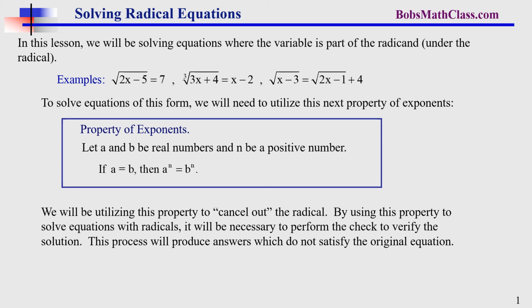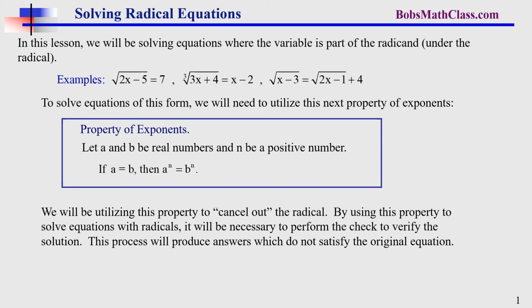Okay, so we're going to use this rule for exponents, this property. If a equals b, then a to the power n equals b to the power n. You've heard that saying, whatever you do to one side, you have to do to the other. Well, that's what this is. If you raise one side to the nth power, then you've got to raise the other side to the nth power.